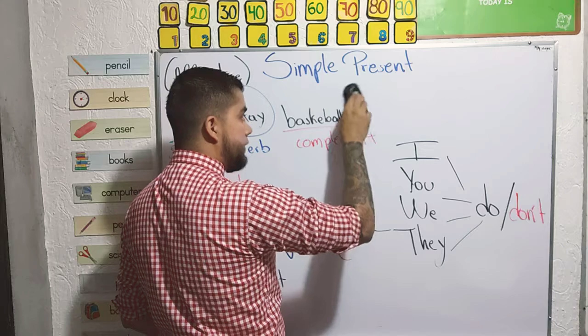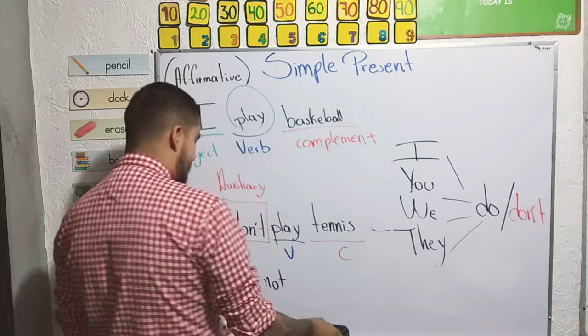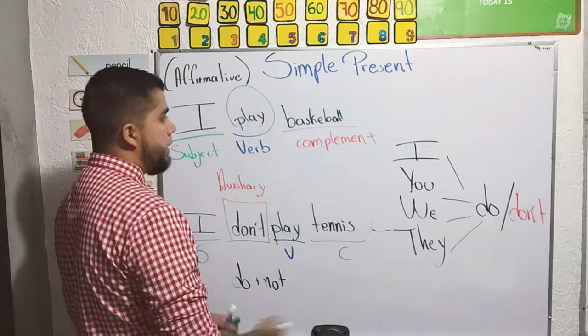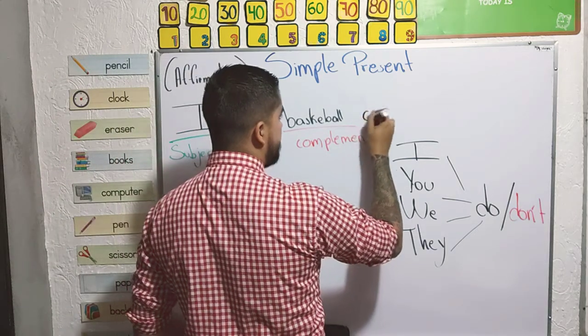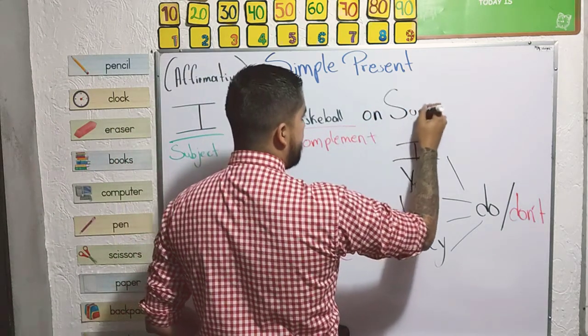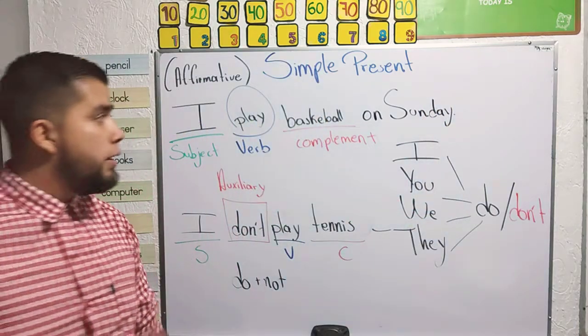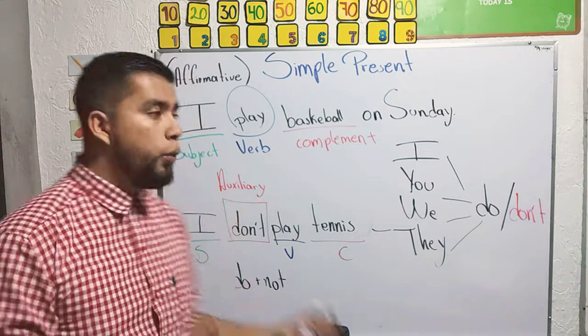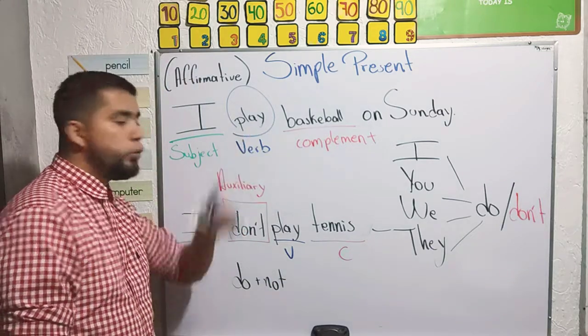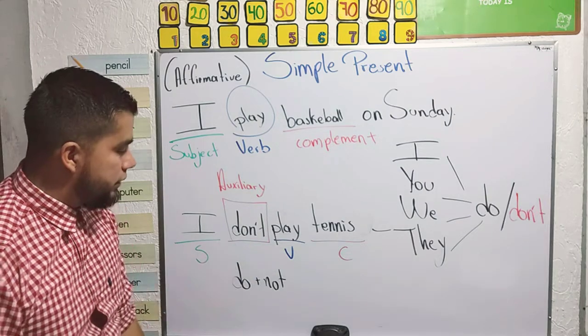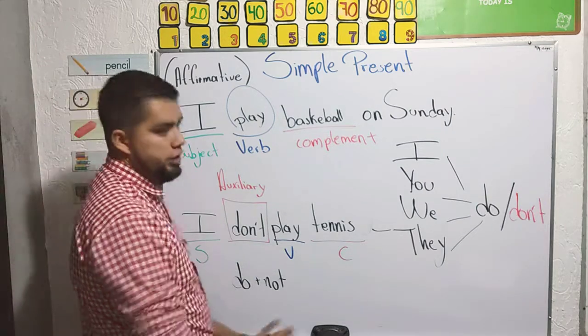Now, we can be more specific. I can include time. I play basketball on Sunday. I am indicating the time when I do this action. I don't play tennis. And that's it.